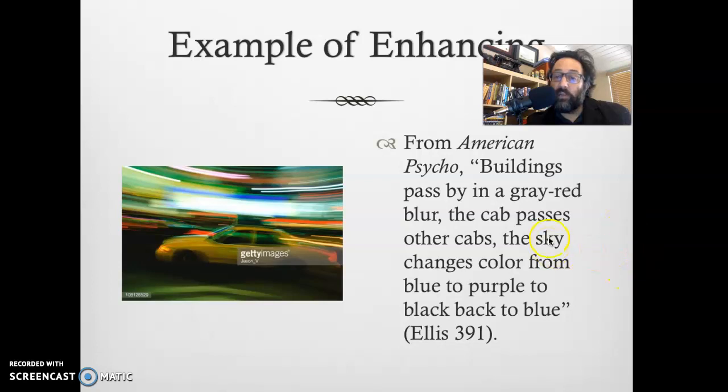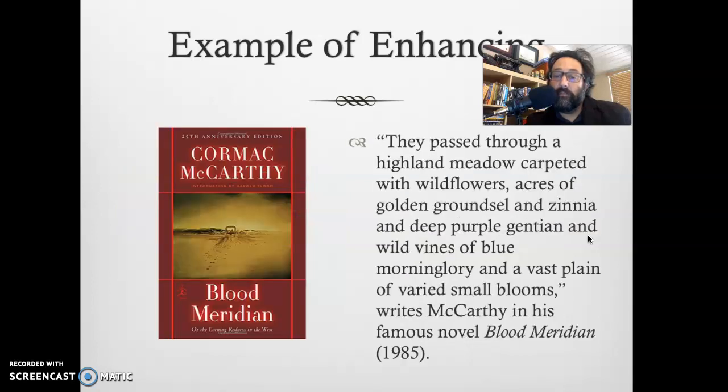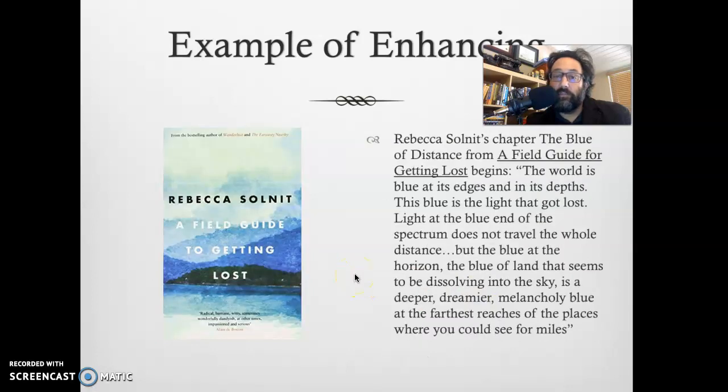And we see it here in American Psycho, where Bret Easton Ellis is talking about the change in time and that correlating to the change in the color of the sky. You see another example here from McCarthy's Blood Meridian. Just a lot of good detail there.